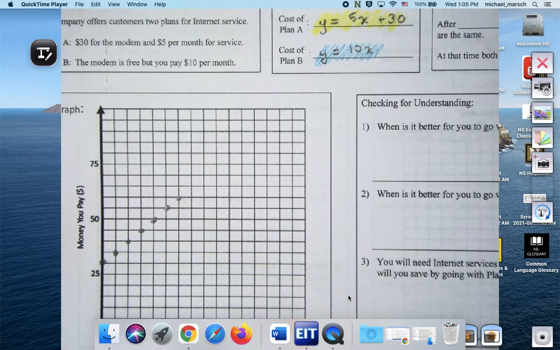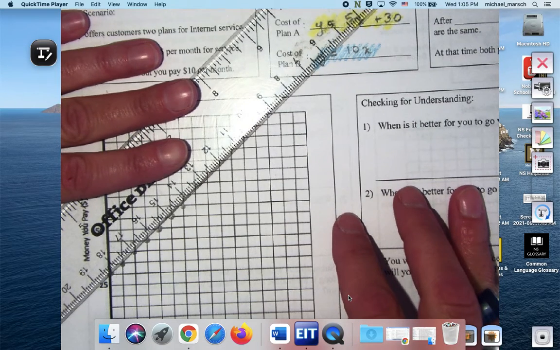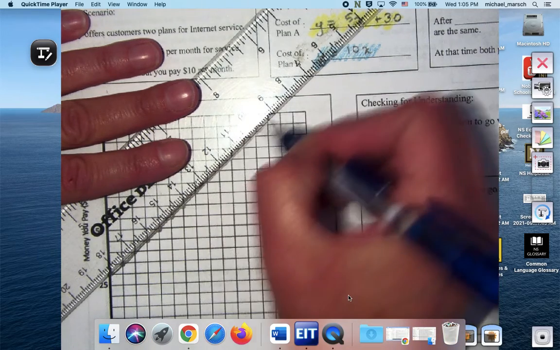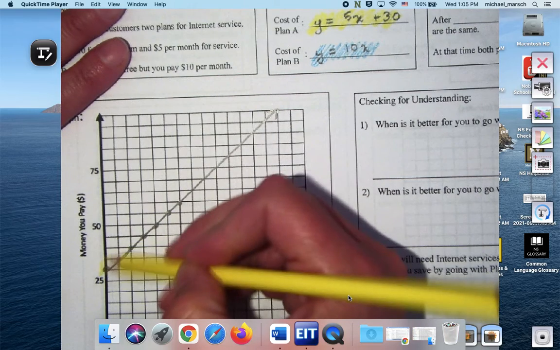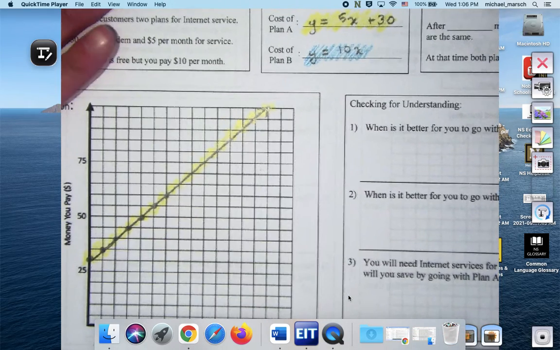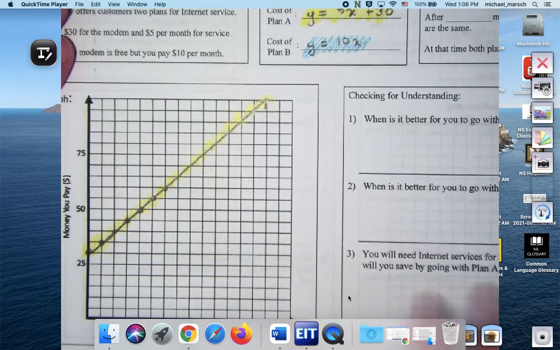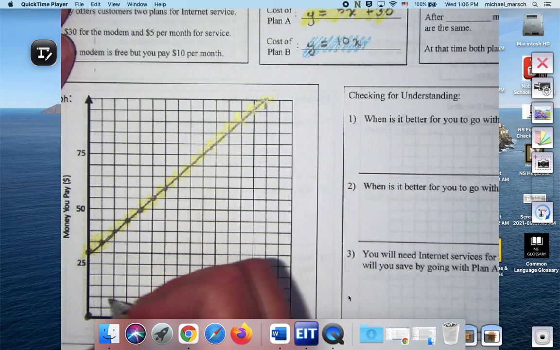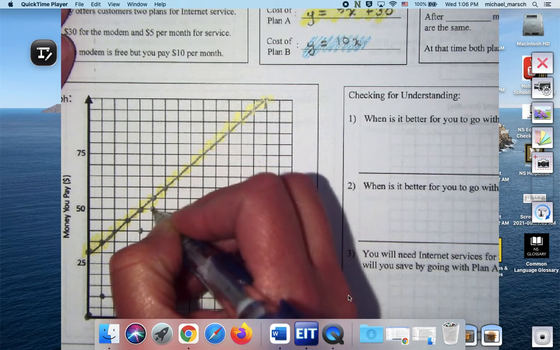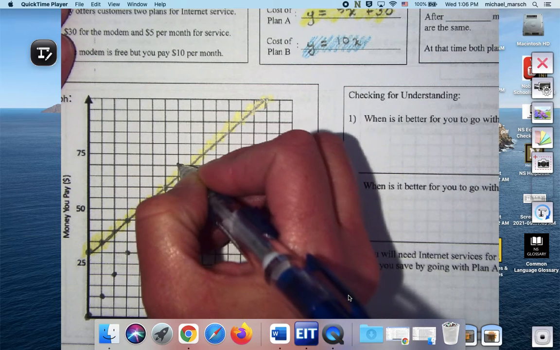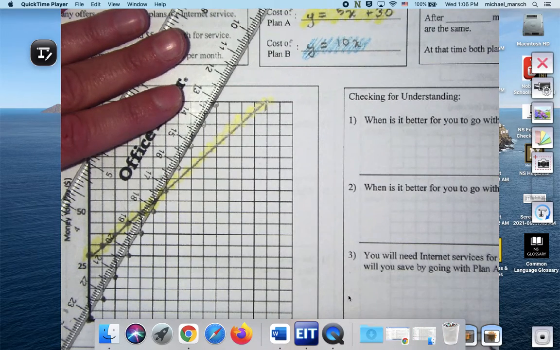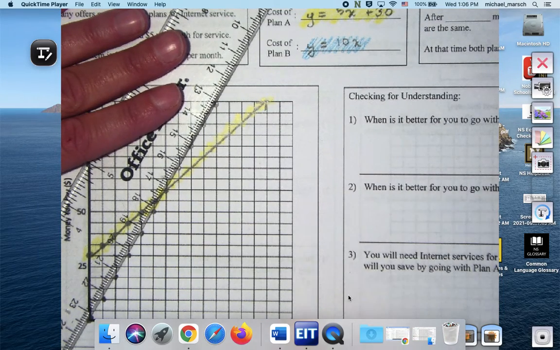All right, so this is Plan A. I'm going to color that yellow so I remember that that's Plan A. And then Plan B starts at 0, but it goes up $10 every month. Once we're done doing these couple together, I'll give you guys a second to get color pencils.